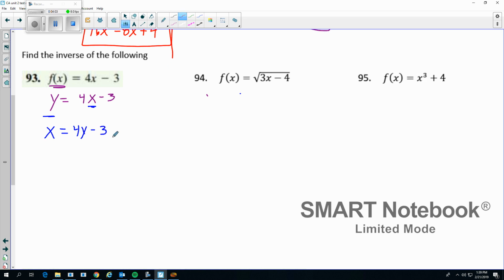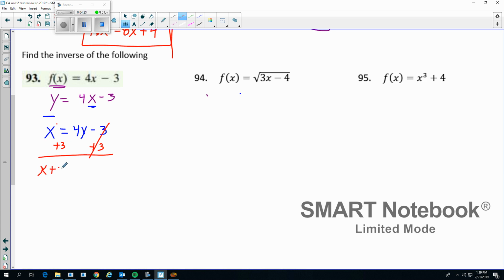Now you just solve for that y. So we're going to add 3, and then add 3 right here. So that cancels out, and we're left with x plus 3 equals 4y. Sorry, that's a little messy here.